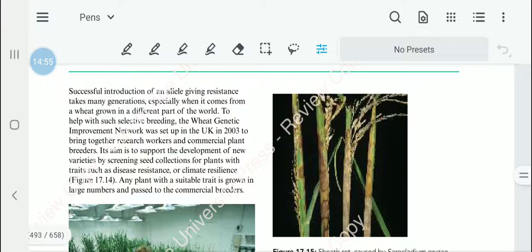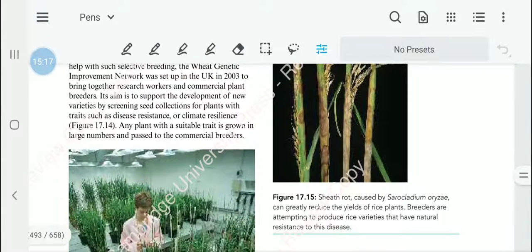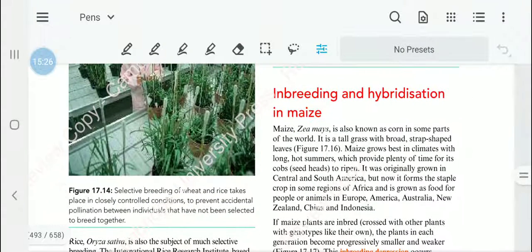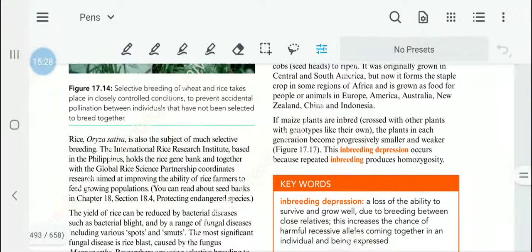They collect and screen the seeds and find out which have the highest resistance against diseases, or which plants are smaller and give a higher yield. So different kinds of things. Whatever suitable varieties are found would be grown and passed on to commercial breeders for them to breed.